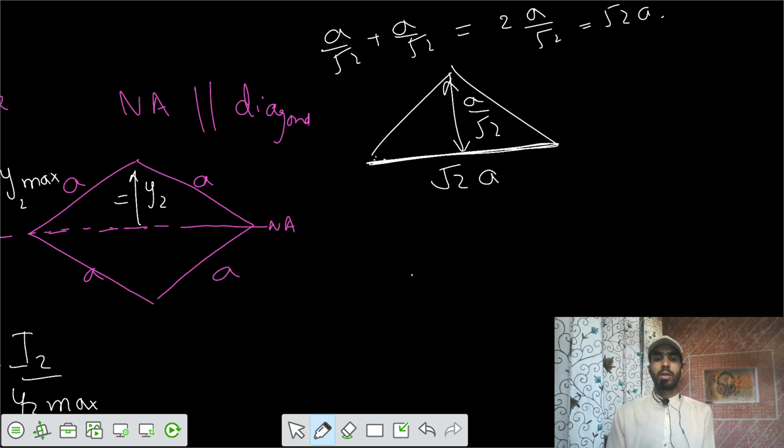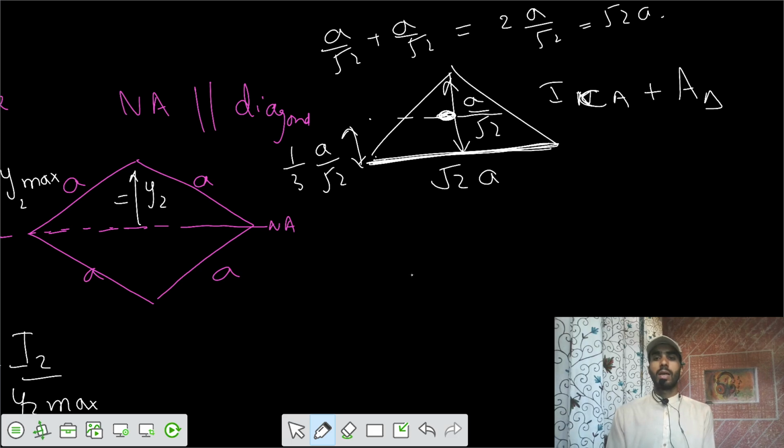So you get this one rectangle. So you know the moment of inertia about the centroidal axis. Then you apply the parallel axis theorem, plus the area of that triangle into that distance, 1/3 of a by root 2, that equals some d. So you do d square and you get a value of I.